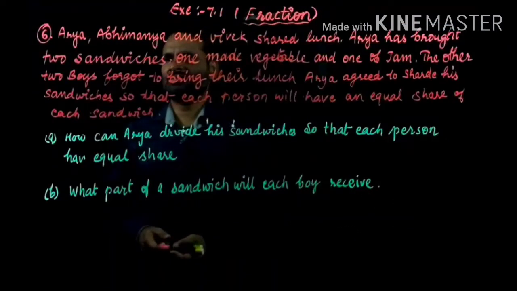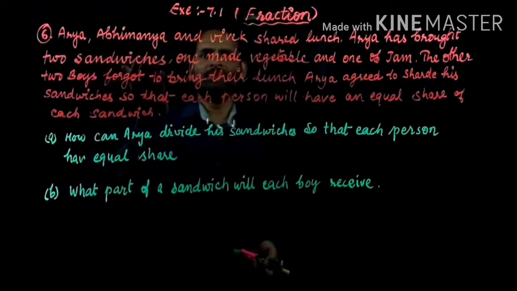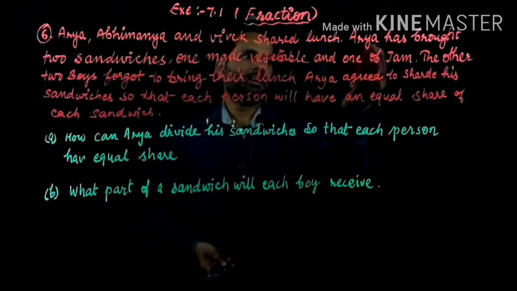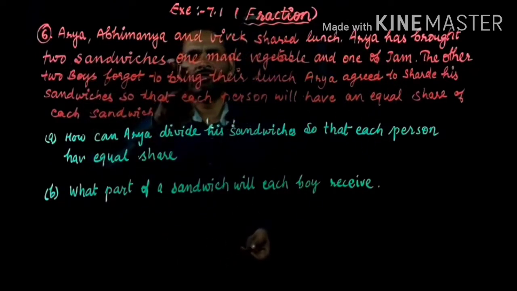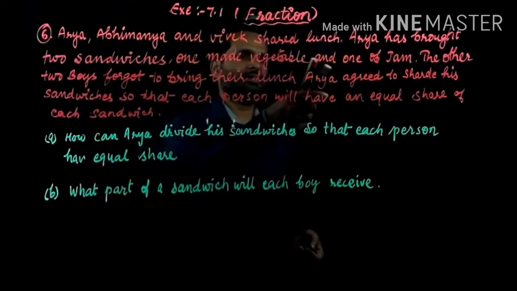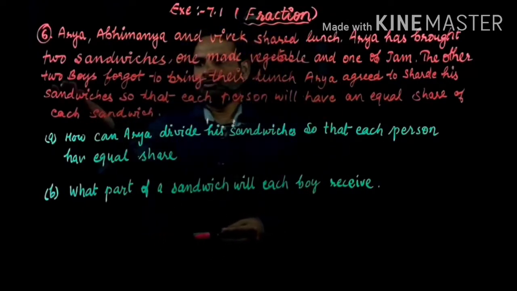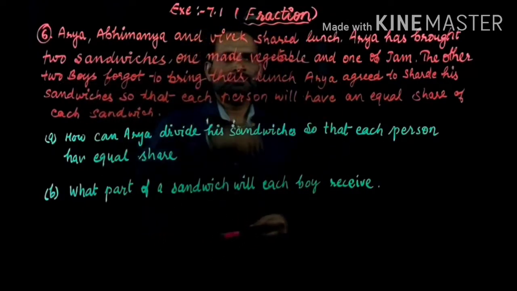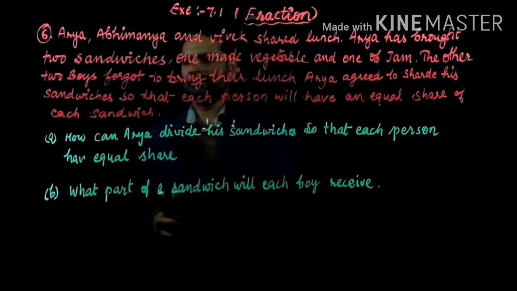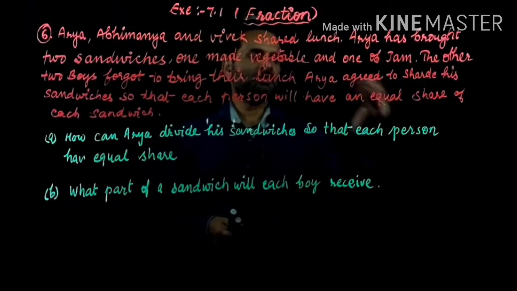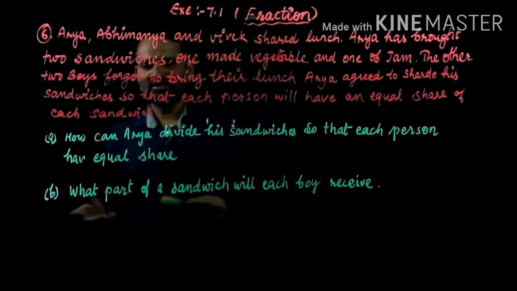Okay, question number 6. Arya, Abhimanyu and Vivek are 3 friends who share lunch. Arya has brought 2 sandwiches, one made of vegetable and the second of jam. The other 2 boys forgot to bring lunch, and Arya agrees to share the sandwiches so that each person will have an equal share of each sandwich.